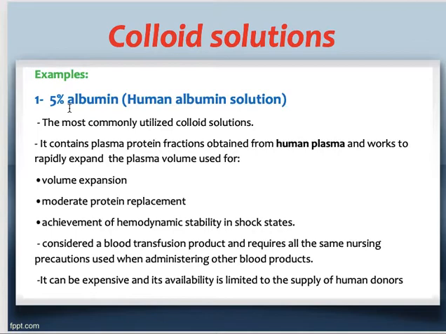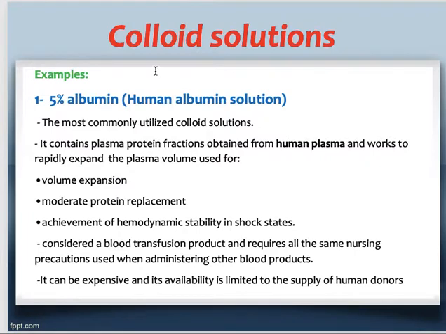That's also the reason that patients who have renal failure have edema. So 5% albumin, or human albumin solution, is the most commonly utilized colloid solution. It contains plasma protein fractions obtained from human plasma. It is used for volume expansion, and it can also replace proteins.